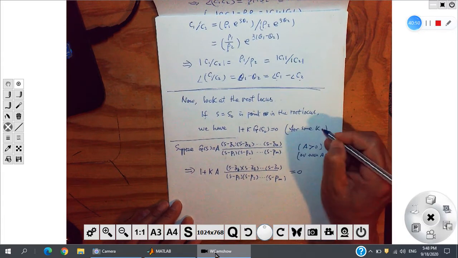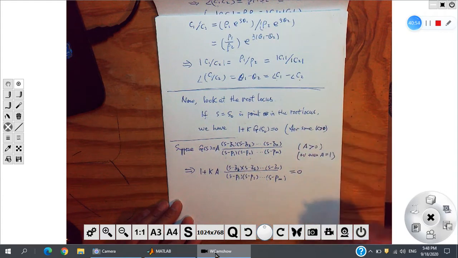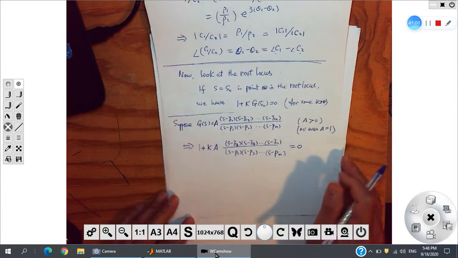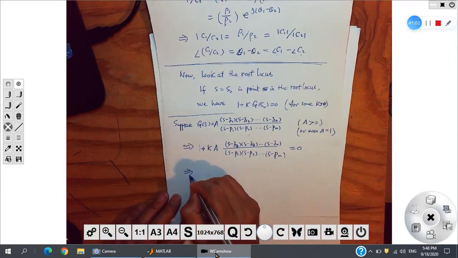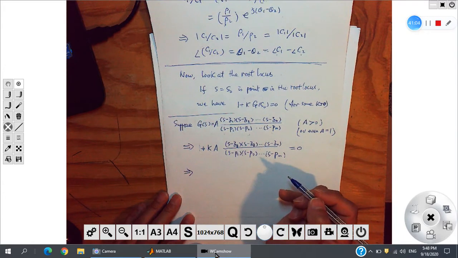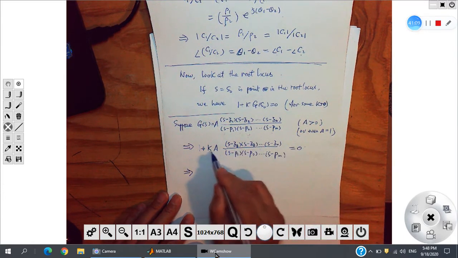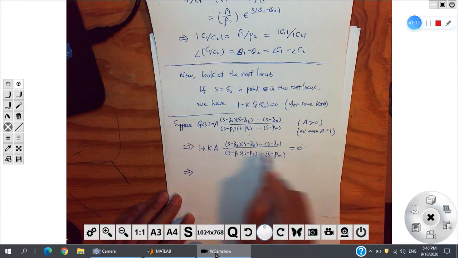Here we consider positive K. Then I move 1 to the other side, so it will be negative 1, and Ka also goes to that side.